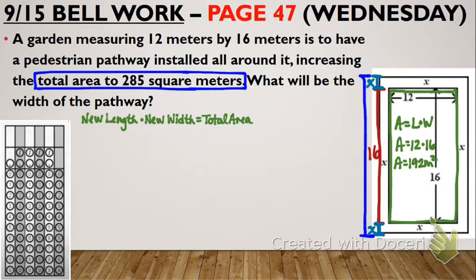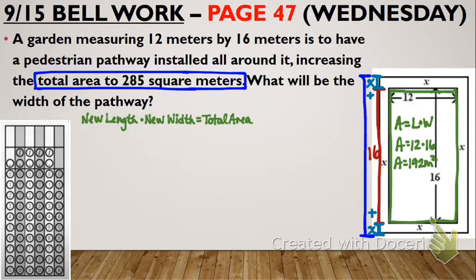If we knew that X was 5, I'm just pretending for a minute, how big would that whole side be? 26. Tell me what you did to get 26. Yeah, if X was 5, it would be 5 plus 16 plus another 5.